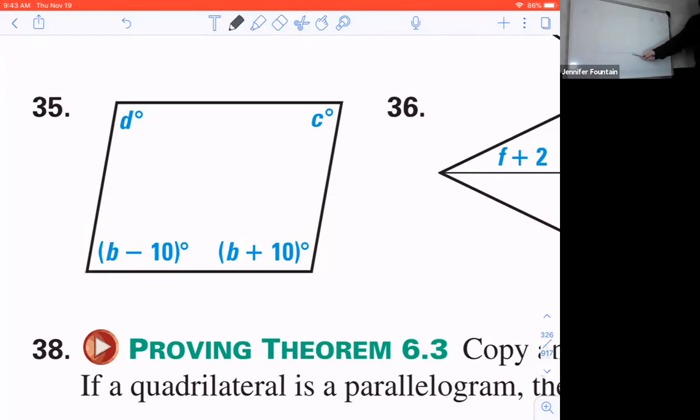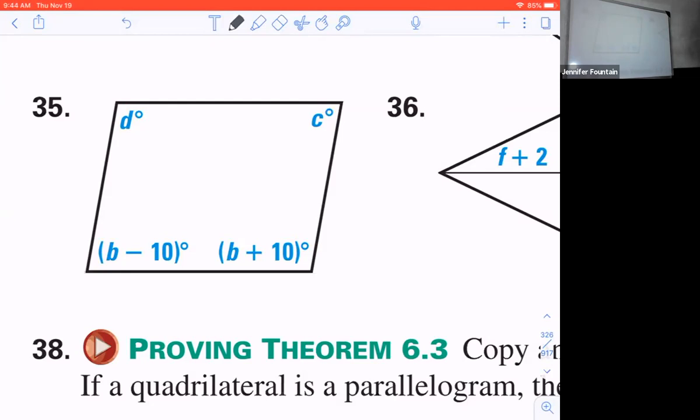They are consecutive, so that means when they add together, they equal 180. So I can set up B minus 10 plus B plus 10 equals 180. Once I have solved and I know what the measure of this angle is, then I know D. When I know what the measure of this one is, I know C. Okay, so whenever I have multiple variables in a problem, I've got to look and see which ones I can work with first. And then when I solve that one, I can solve the others.